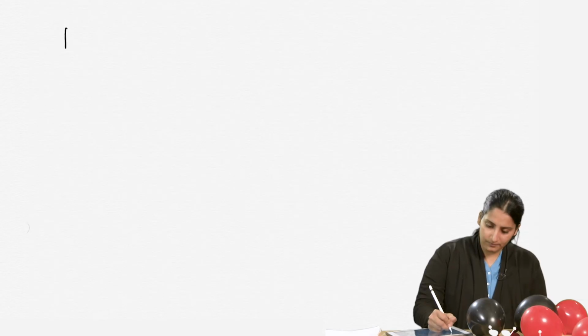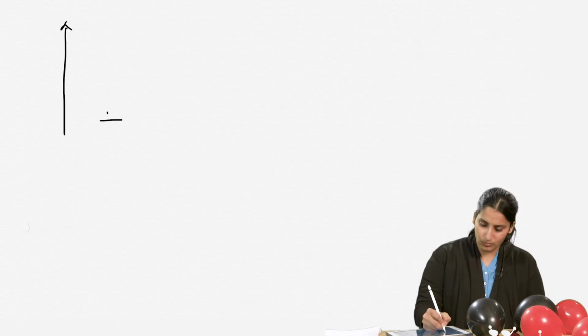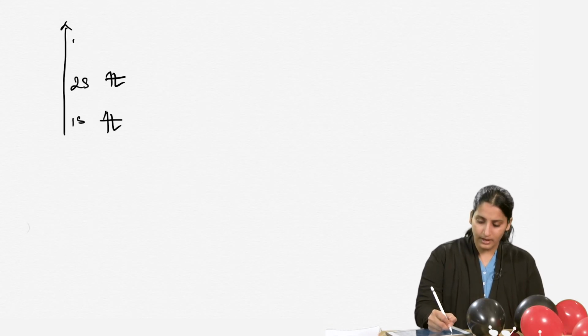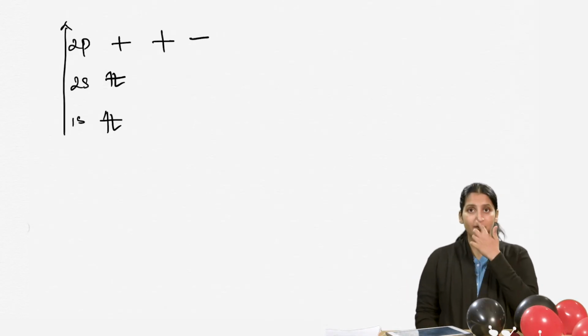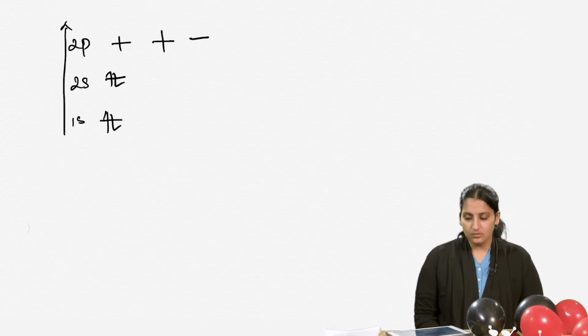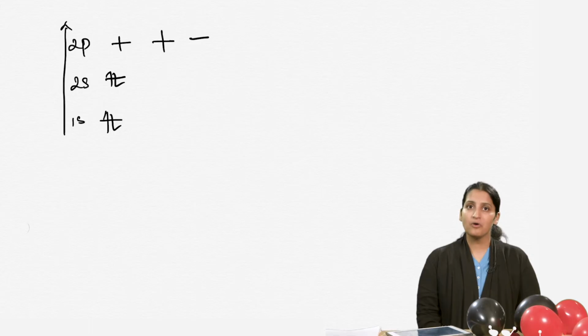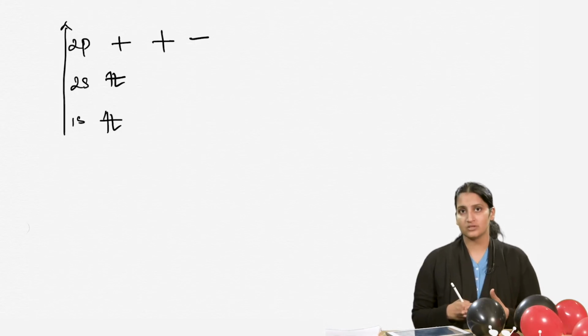We said that the ground state electronic configuration of carbon is 1s2, 2s2 and then 2px1 and 2py1, and then the 2pz is really empty. So, if you really look at this particular diagram, it does not really represent how carbon is able to form 4 bonds, because in order to form 4 bonds you need to have 4 orbitals that are overlapping with each other.